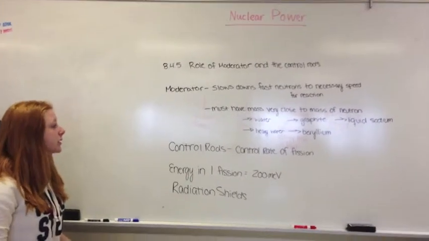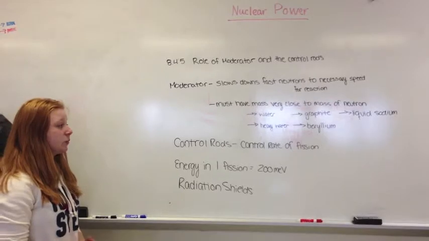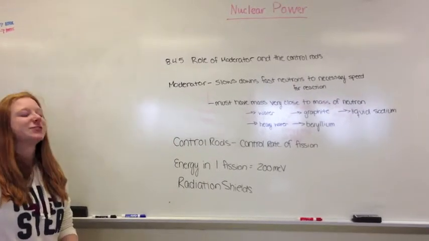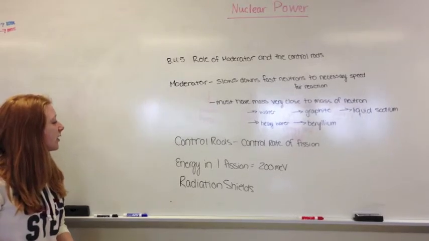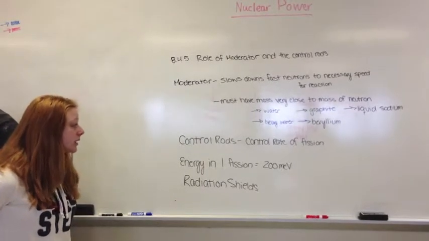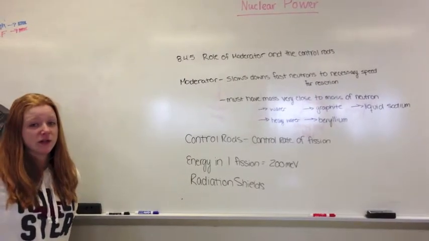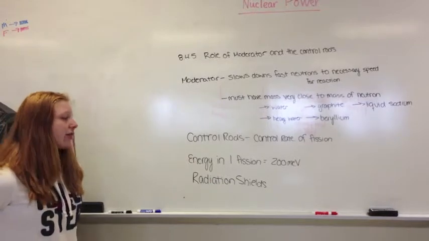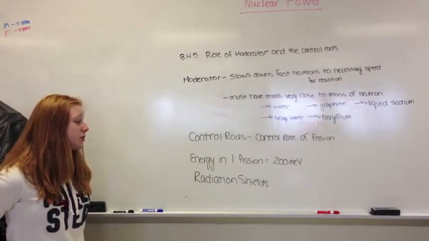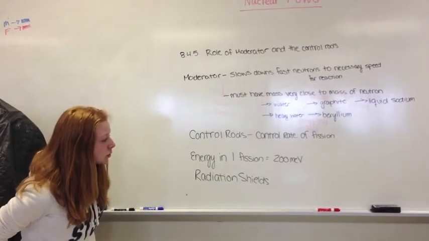Some examples of what type of material the moderator can be made of are water, heavy water, graphite, beryllium, and liquid sodium. Another key component of the nuclear power system is the control rods, whose sole purpose is to control the rate of fission within the reaction. A constant you'll need to know is that the energy in one fission is 200 megaelectronvolts.